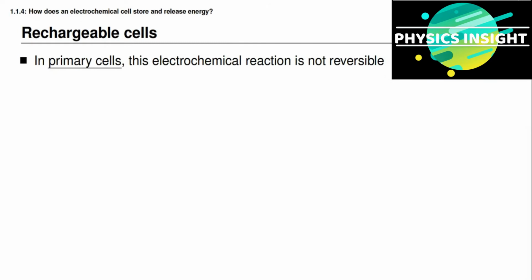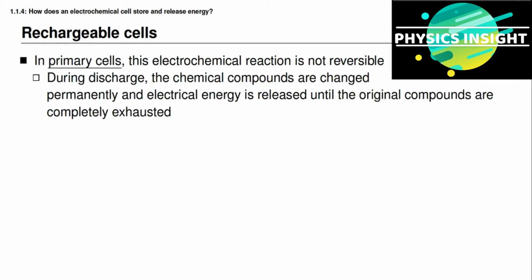So what about rechargeable cells? Remember that we've talked about two different categories of battery cells, primary cells and secondary cells. Primary cells are not rechargeable. The electrochemical reaction that occurs during discharge of a primary cell is not reversible. During discharge, the chemical compounds are changed permanently, and so the electrochemical potential energy is released until the original compounds are completely exhausted.